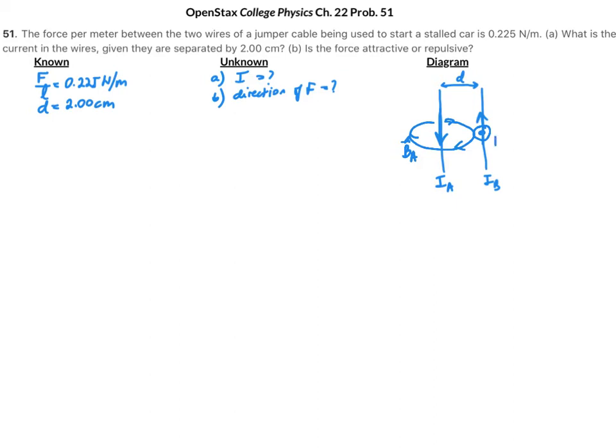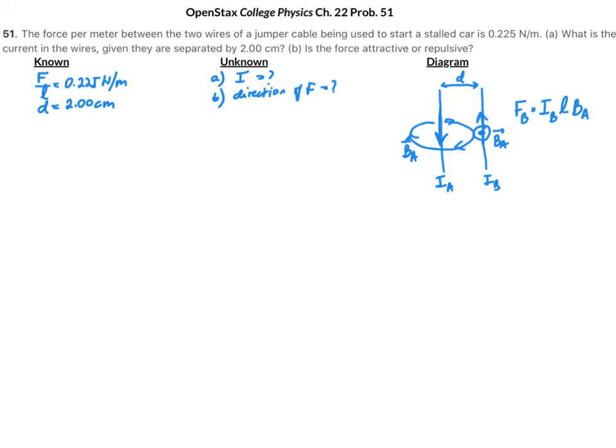But now we end up having current B being in the external magnetic field due to current A. So now we can apply F equals ILB. So F that wire B experiences is the current in wire B times the length of the wire times the magnetic field that A produced.